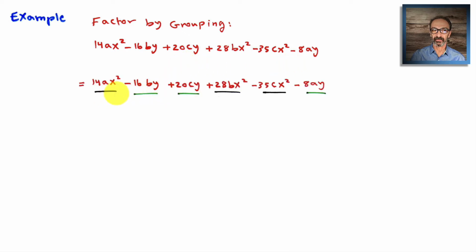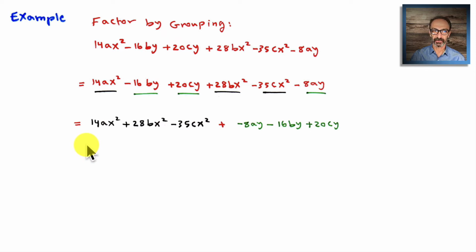Which means I could look at the x to the second terms that they have x to the second together. I'm underlining them in black, and the terms that have y's, I underline them in green to see it in a clean picture. I'm using colors now. Those three terms, they go together, and those three terms, they go together.